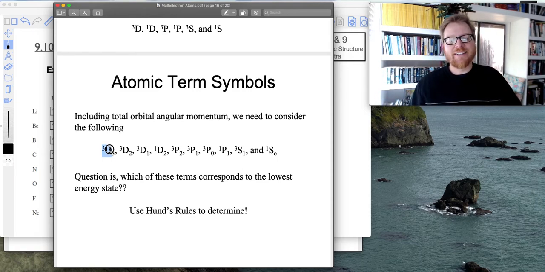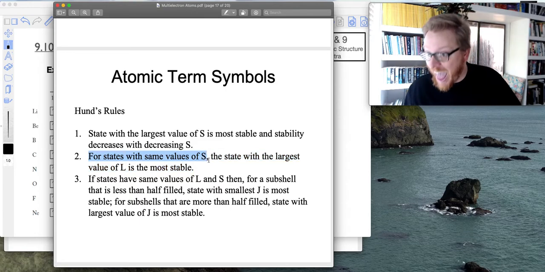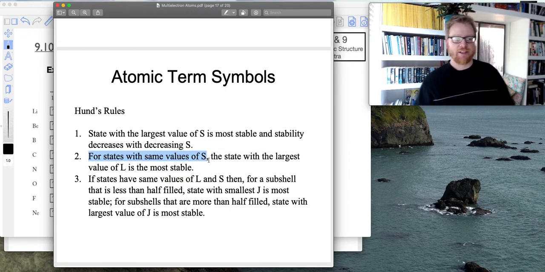So the triplet D will be lower in energy than the triplet P, which will be lower in energy than the triplet S. Okay? So continuing along. And that's if they have the same value of S, right? If they have the same multiplicity.